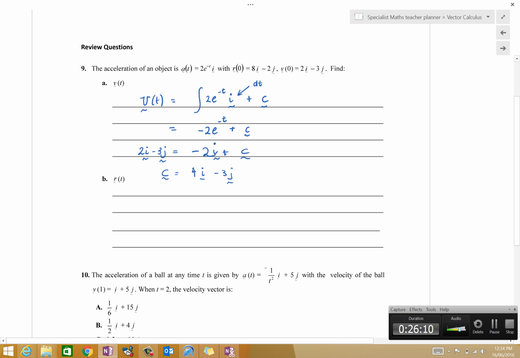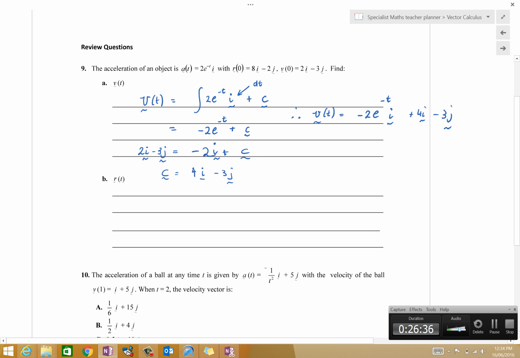Now, we've found our c, so therefore we can say that our velocity with respect to time is equal to minus 2e to the minus t i plus 4i minus 3j.